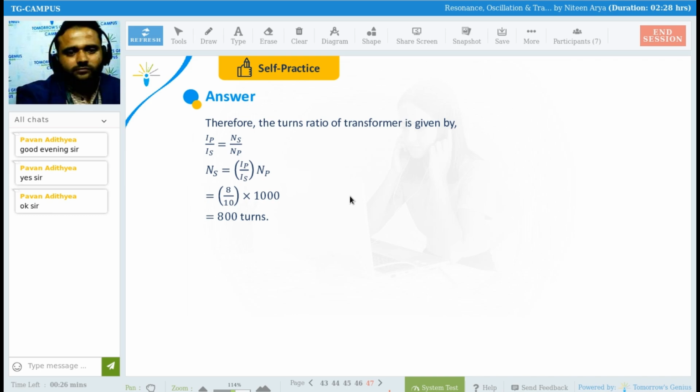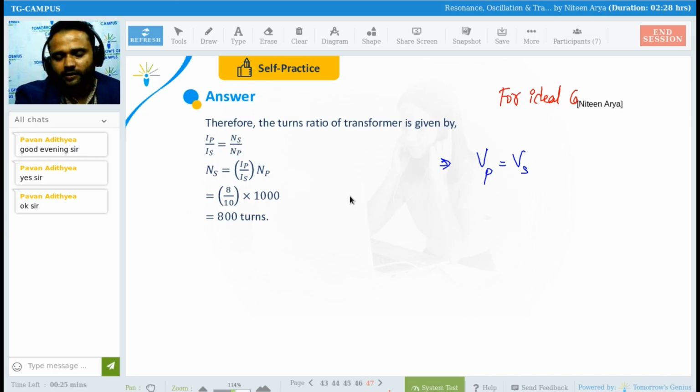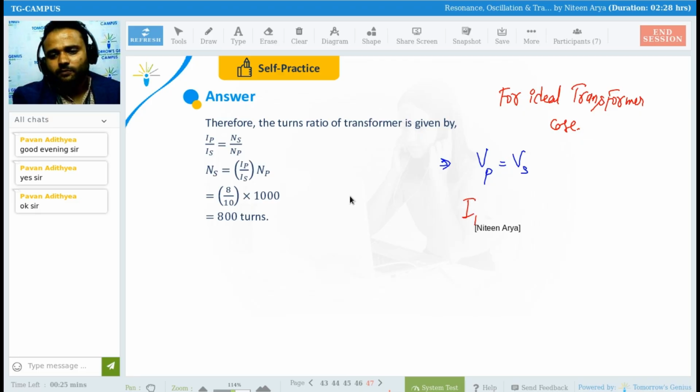See, one scenario is there. VP equals VS for the ideal transformer case.